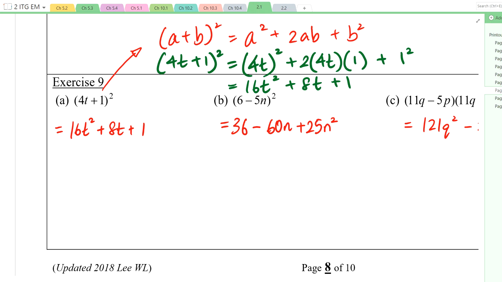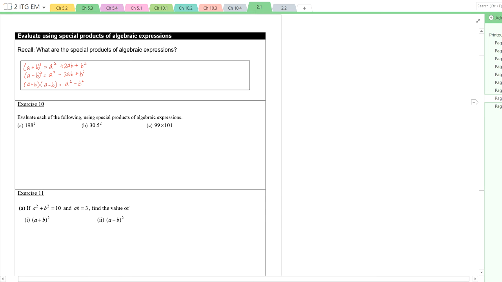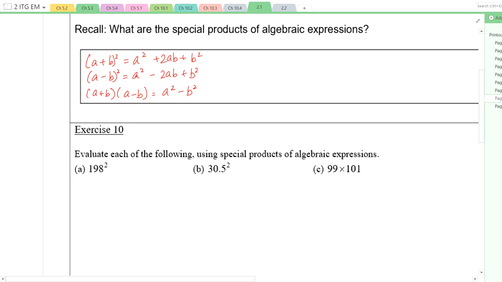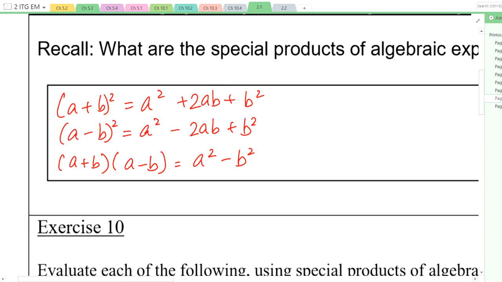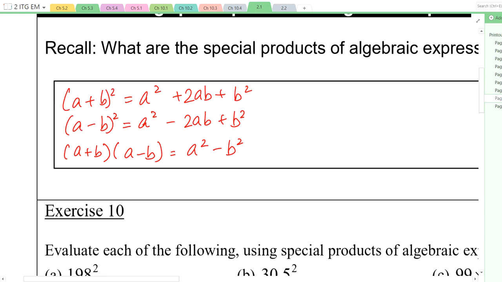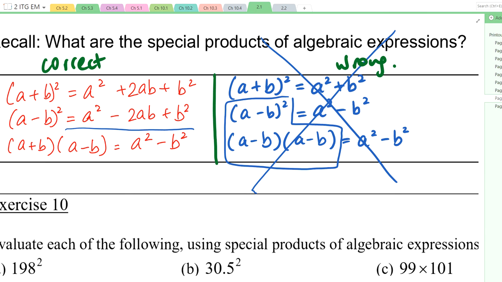Only 3 things for you to memorize, not difficult. Let's see how we can apply them. But first, copy these down. These are the special products of algebraic expressions. You can just copy this down. Copy down the common errors, yes? A minus b square equals a square minus b square.